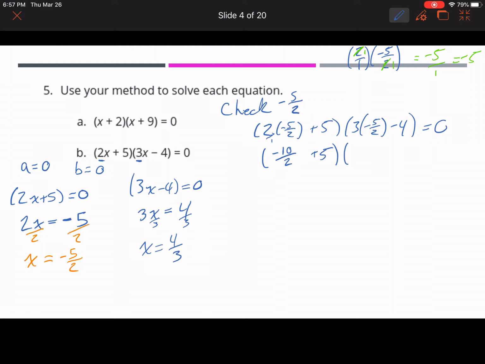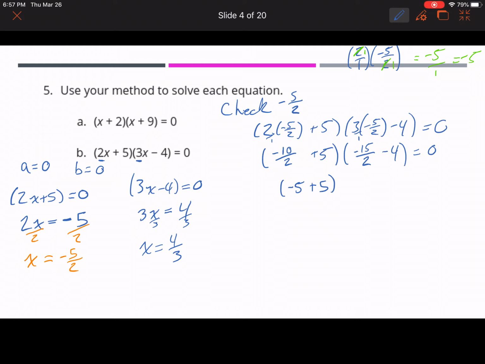And let's keep going. I end up with 3/1, and the same technique, multiply the two top numbers together, the bottom numbers together. Our numerators become -15, our denominators become, and -4. Again, our -10 divided by 2 is going to be -5 plus 5, and that's really our answer.